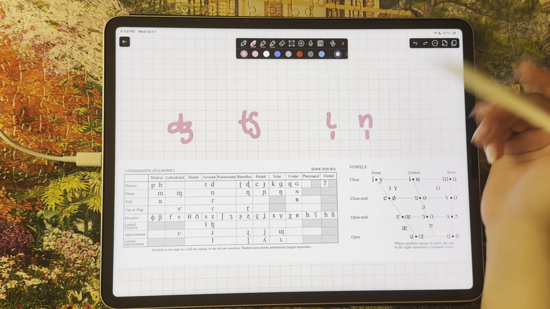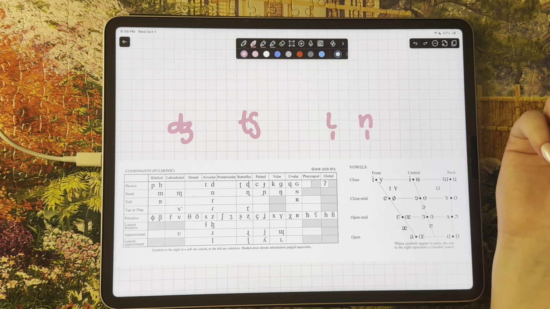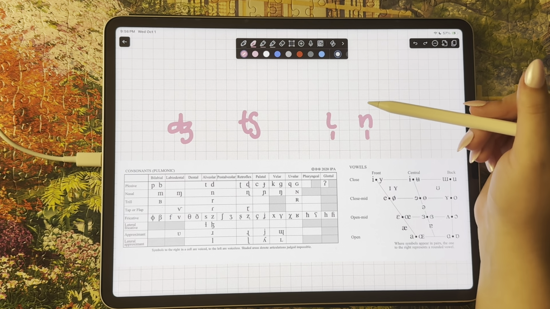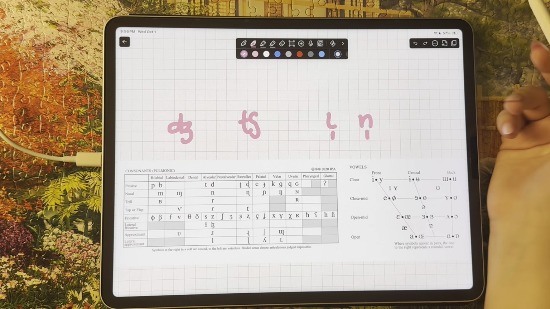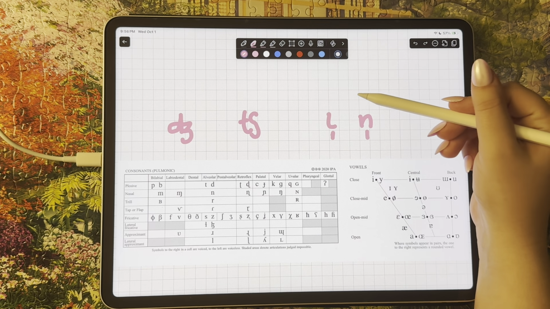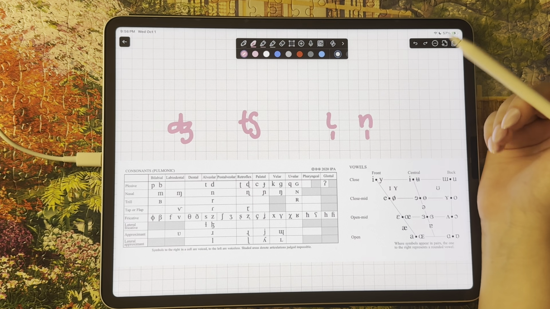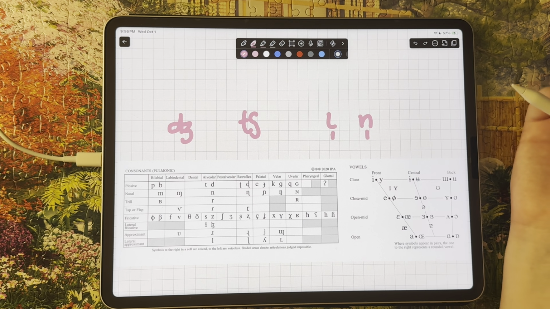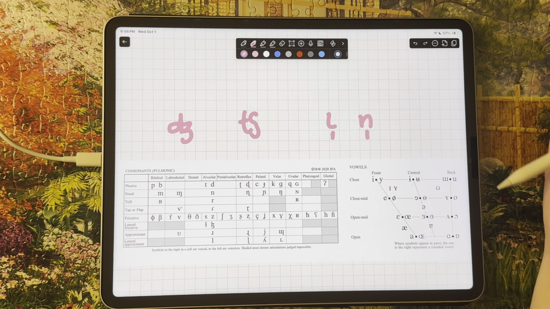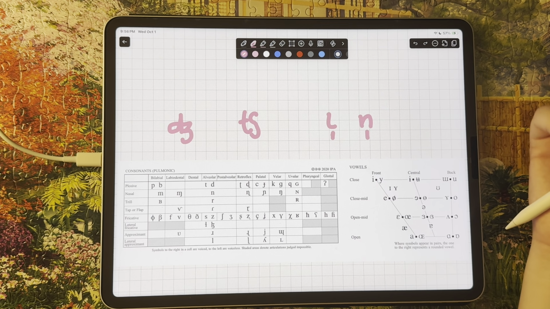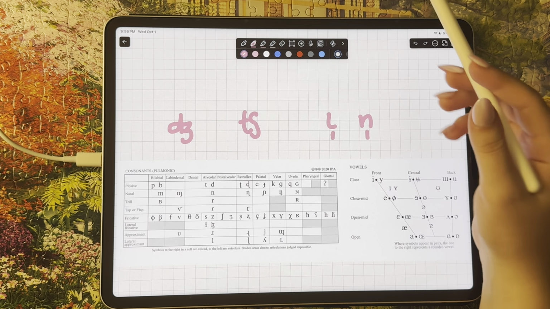And same with syllabic N. It can be in like beaten, that last N sound. It turns the N into a syllable rather than following another vowel. Okay.